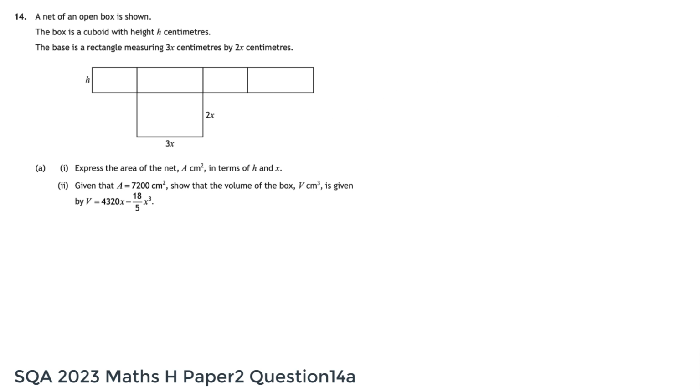So let's have a look at how this would fold up into an open-topped cuboid. So there it is, and there's the base, appears here, and let's call this the back.